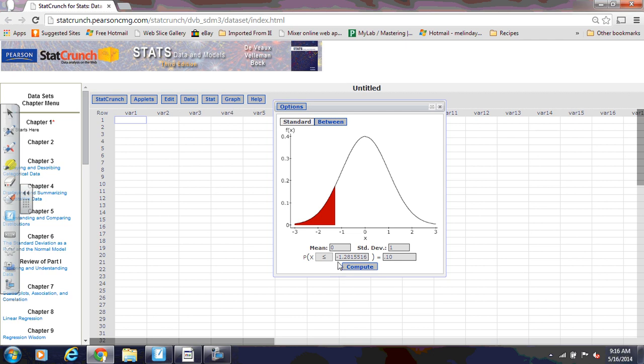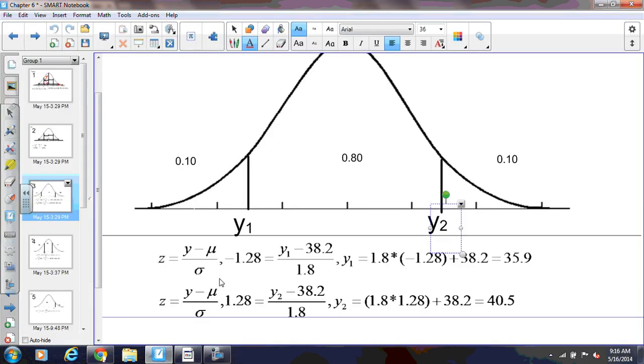All right, so this gives us a z-score of negative 1.28. So we can put that value in here for z, negative 1.28. We're solving for y sub 1. We're using the same mean and standard deviation. So when we go through and calculate that, y sub 1 gives us a value of 35.9.